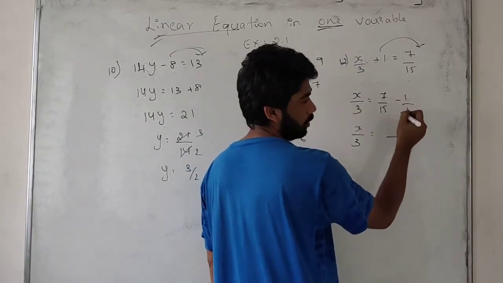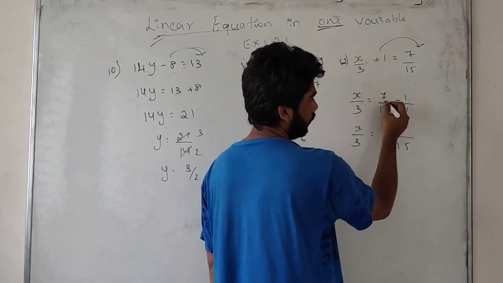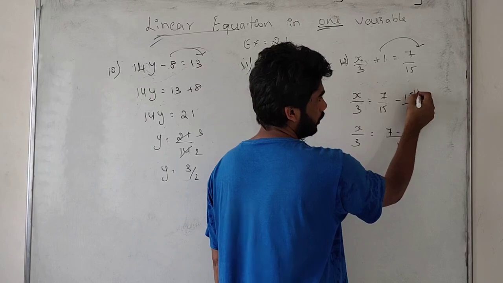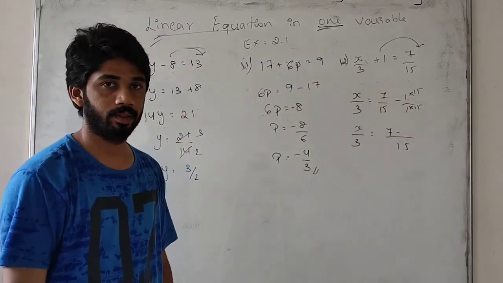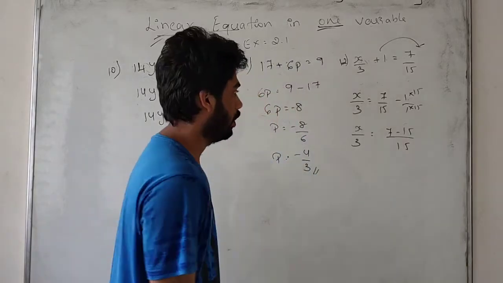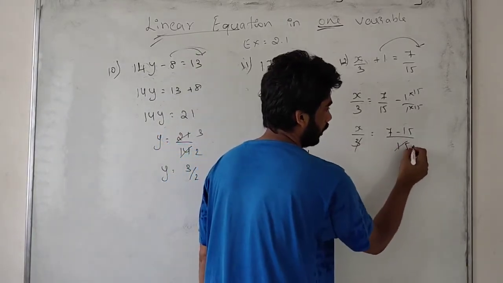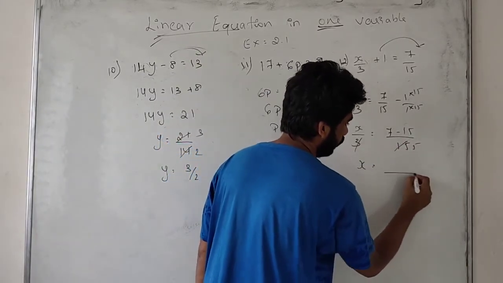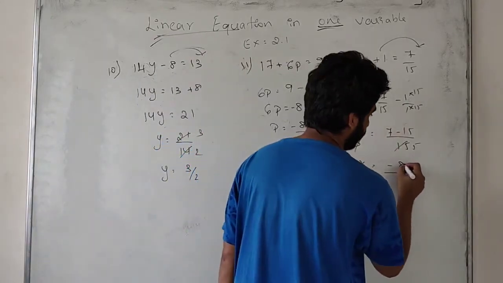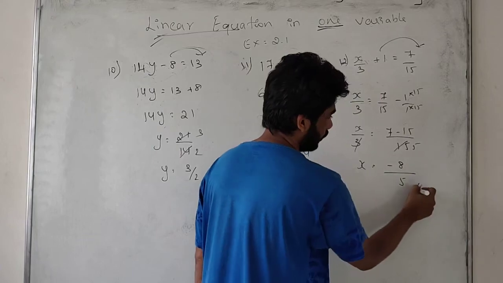Here it will be 1, if nothing is there. So 7 as it is, minus 15, which means 1 is to 15. Now 1 is to 15 means here comes 15. So 3 fives are 15, so x is equal to 5. 7 minus 15 means minus 8. So this is the required answer.